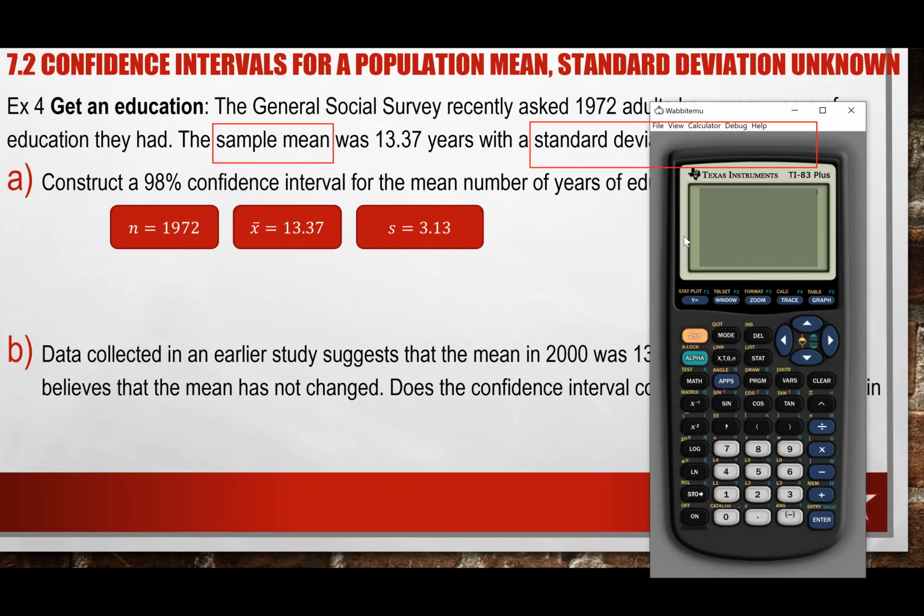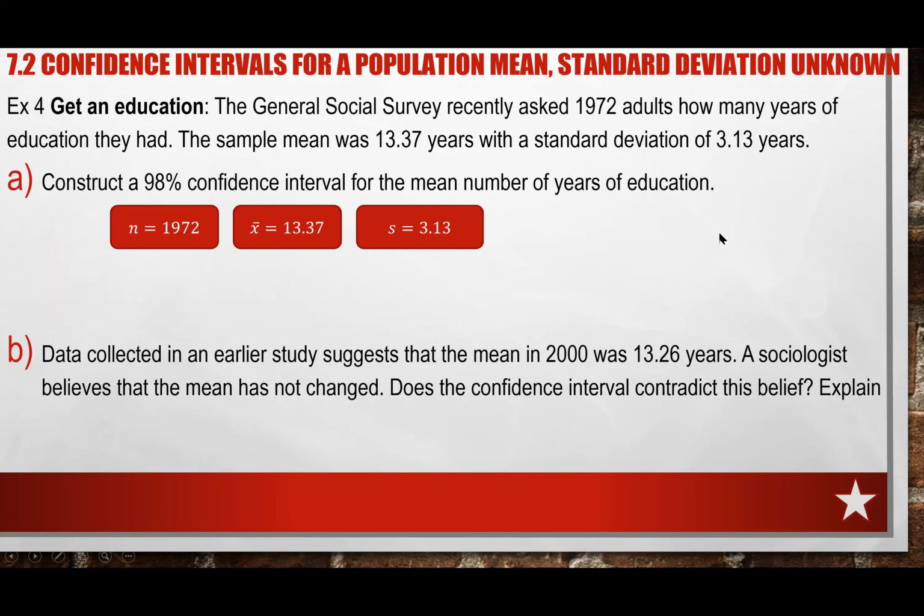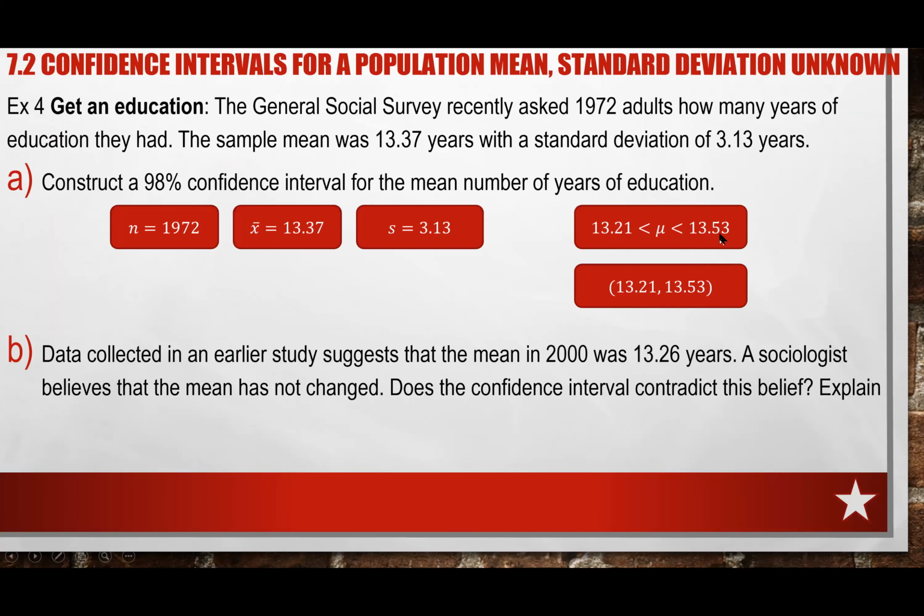Once you have this, you can see that your interval is between 13.206 and 13.534. Depending on how many decimal places they want, most of the time probably 2 decimal places, it is 13.21 and 13.53.